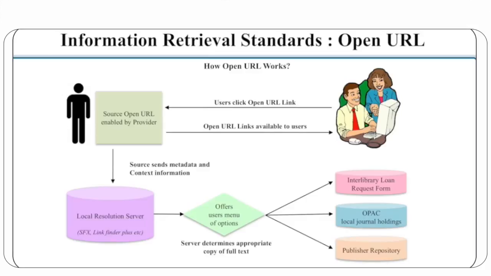The resolver, based on the services availed by the library, provides an HTML page consisting of a set of links to resources from where users can access the resource, like full text from publisher's site, DDS, aggregators, etc. The user selects an appropriate service and clicks on the link that takes him to the site of the service provider.